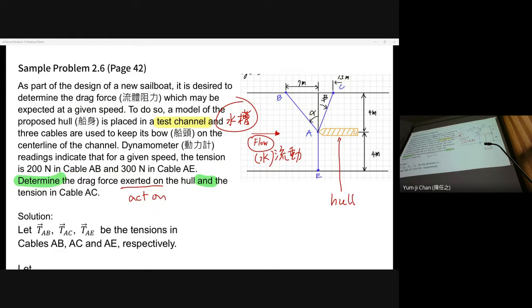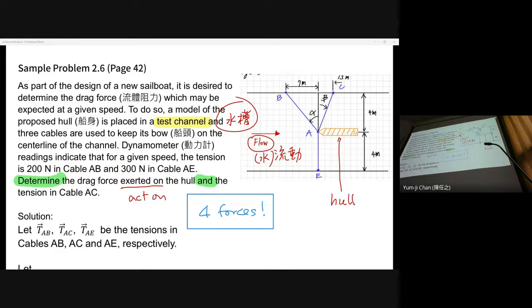Sometimes you see 1 cable, 2 cables, and 3 cables, and then you say, oh, we have three forces, and we add these 3, and then it equals 0. Then you forget this one, and you don't know how to go on, or your answer will be wrong. Remember, we have 4 forces here.